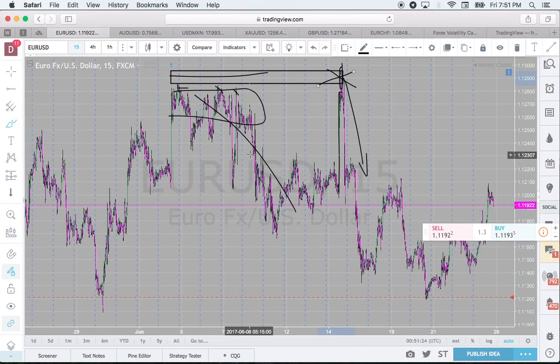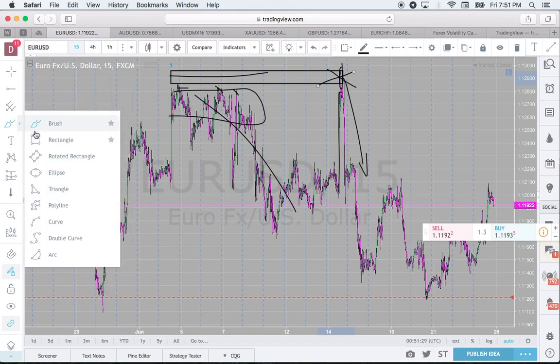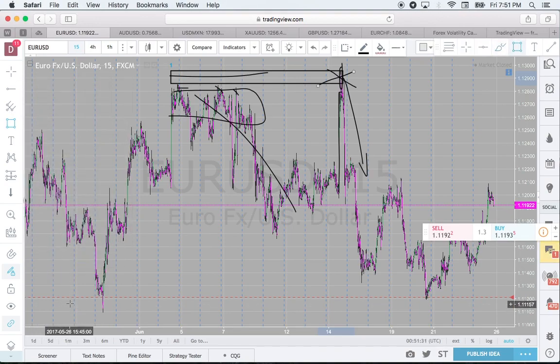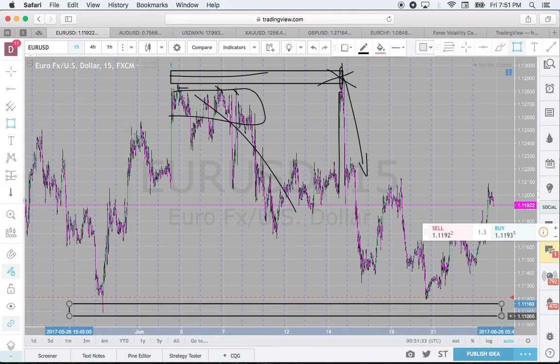And where is this? Well, we could assume that there are take profit levels in this area, because this is the lowest point that happened when we were here.